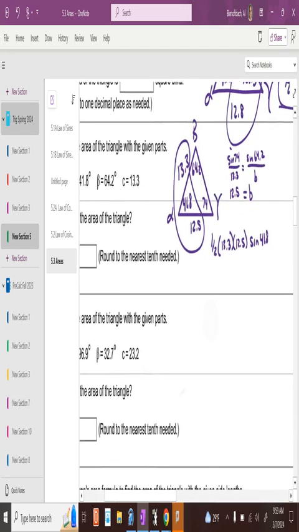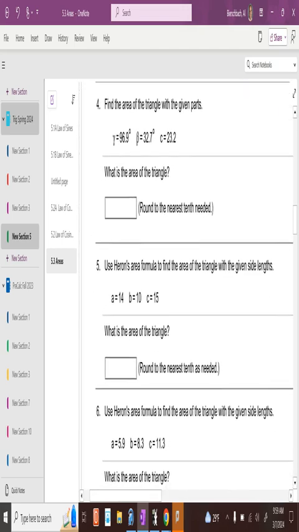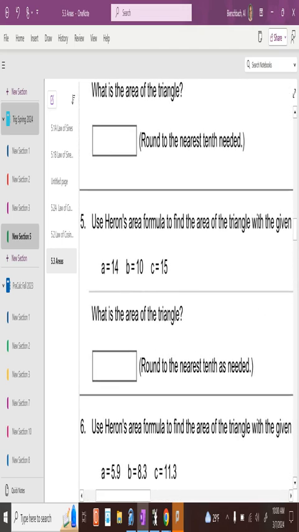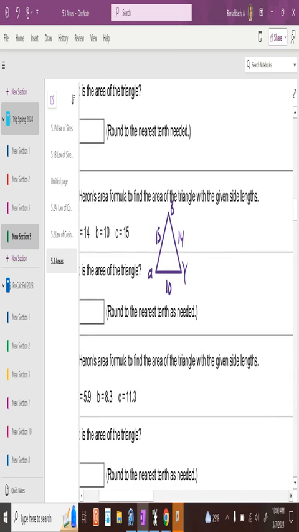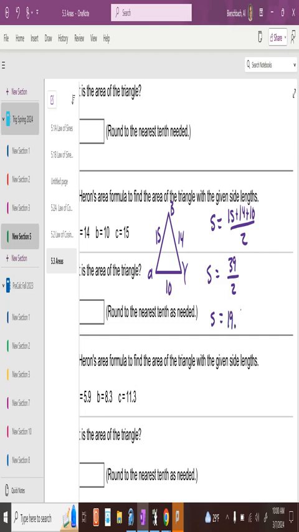All right. So I think you guys can handle this. So let's go down to number 5 and Heron's formula now. Alpha, beta, gamma. A is 14, B is 10, C is 15. So we're going to use Heron's formula. The first step of Heron's formula is to find S. S equals 15 plus 14 plus 10 divided by 2. So S equals 39 divided by 2. So S equals 19.5.